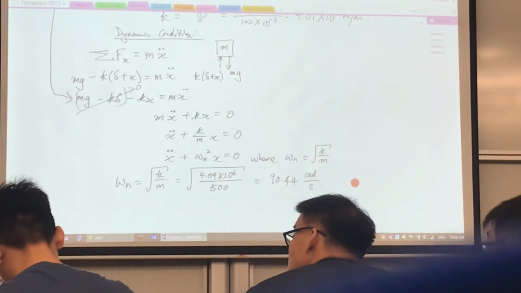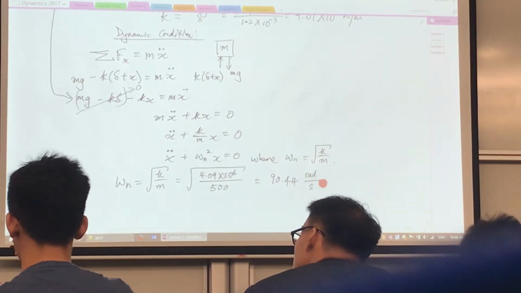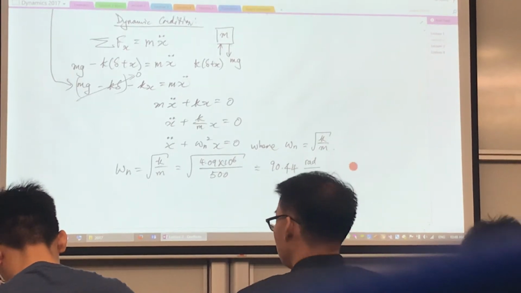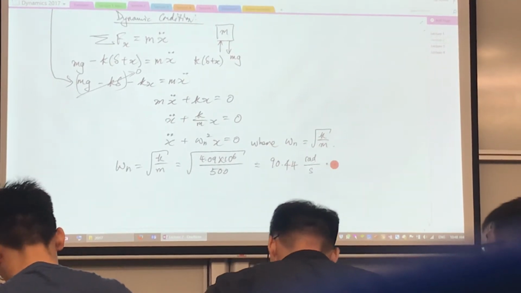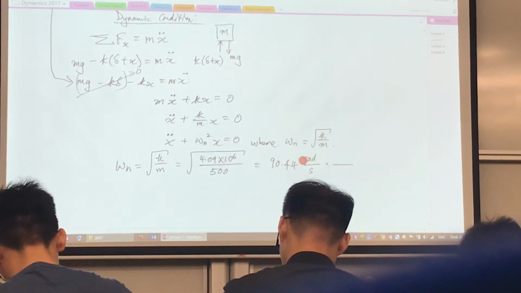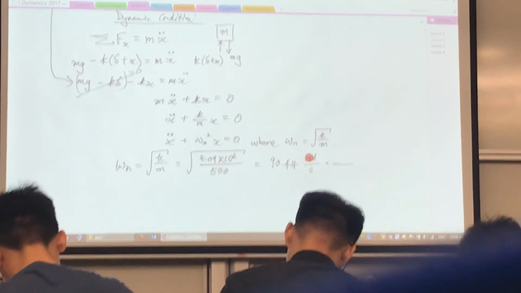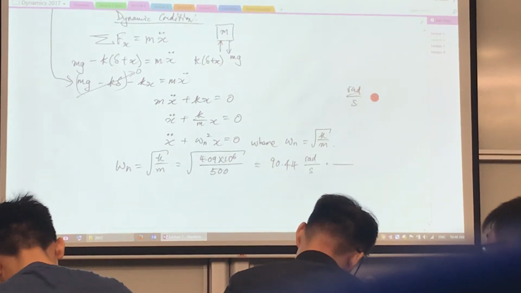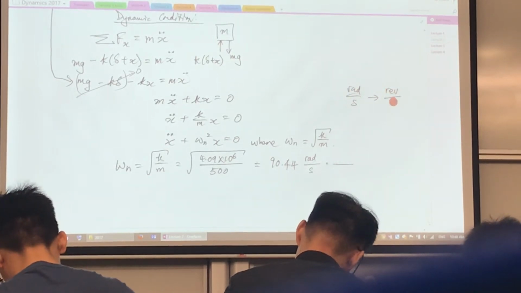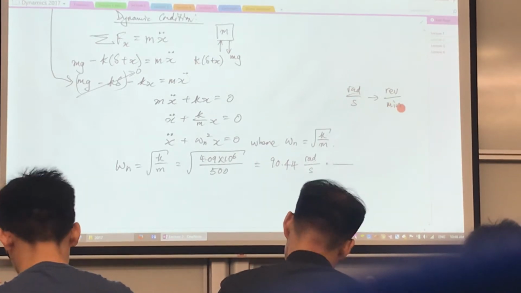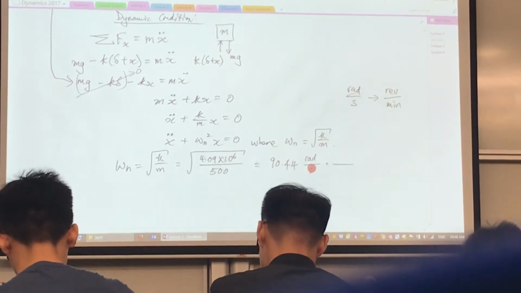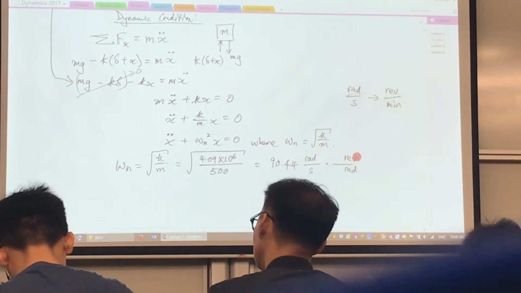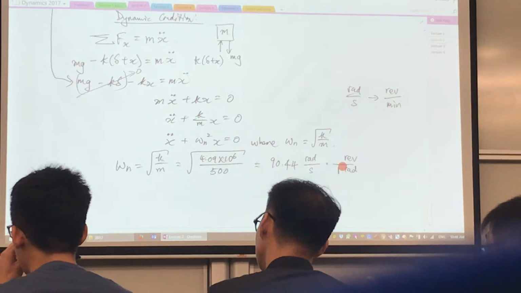But they wanted revolutions per minute. So I'm going to teach you how to do the conversion in a very logical way. So we wanted to change radians into revolutions. So in order to do that, what I'll do is that I have 1 radian as a denominator.